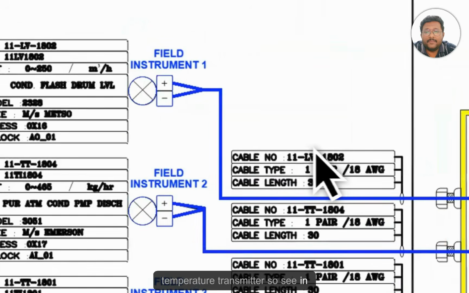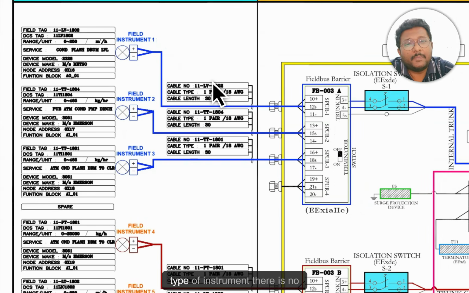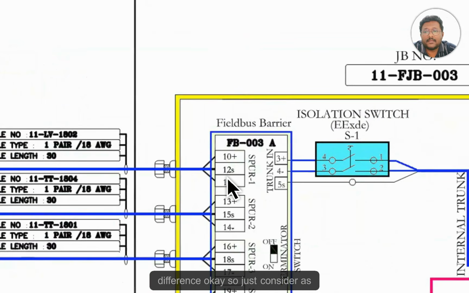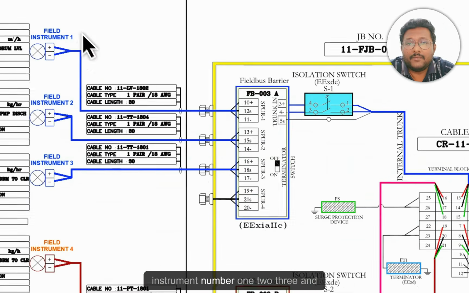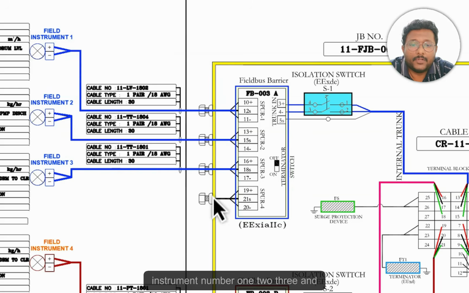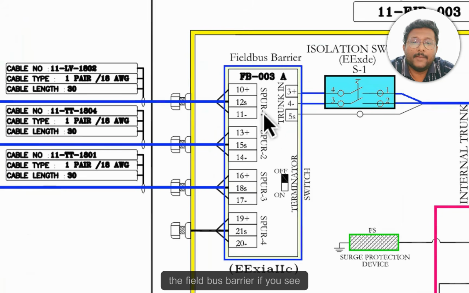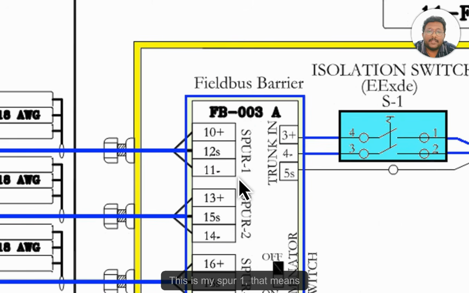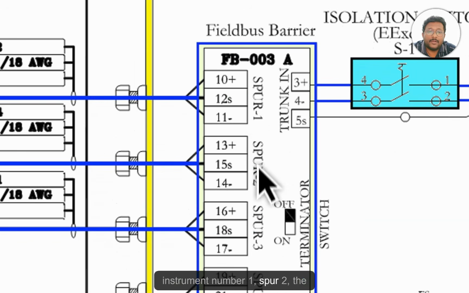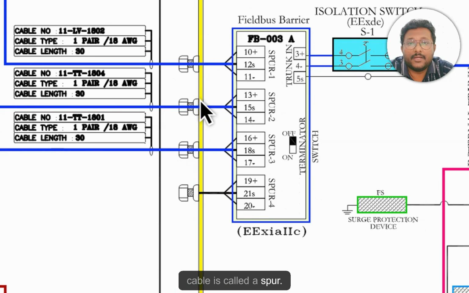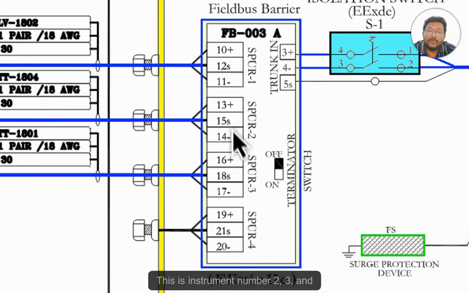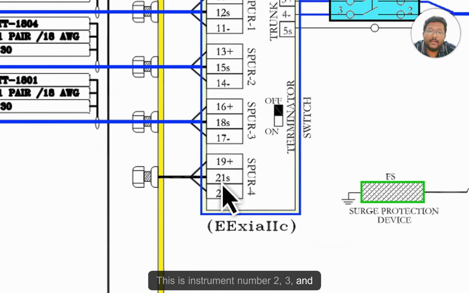So see, in field bus, we can connect any type of instrument. There is no difference. Just consider them as instrument number 1, 2, 3, and the fourth one is spare. See, in the field bus barrier, this is my spur 1, that means instrument number 1. Spur 2; the cable is called a spur. This is instrument number 2, 3, and 4.